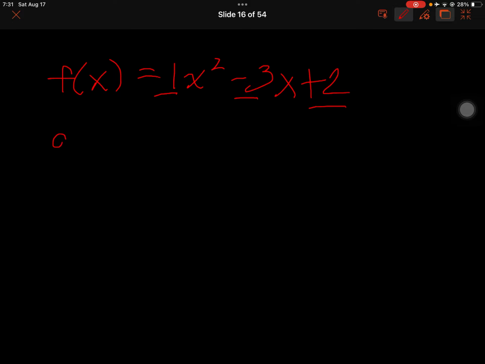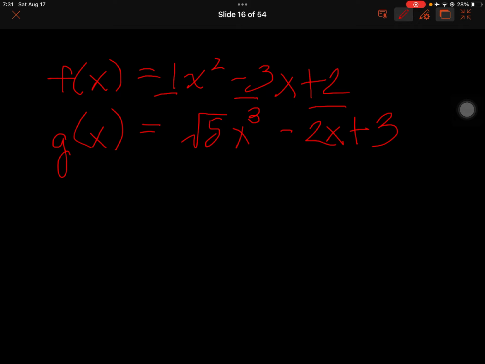Another example is g of x is equal to square root of 5 x cubed minus 2x plus 3. So this is another example of a polynomial function because it has elements, the a sub n's and the variables. Okay?